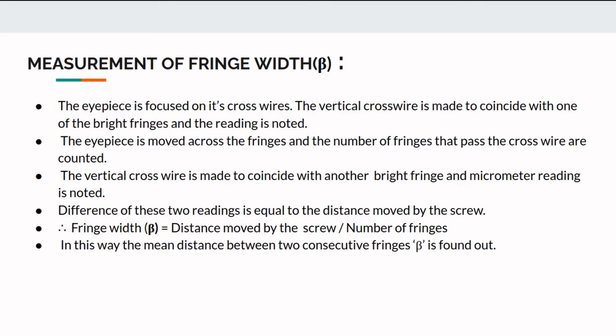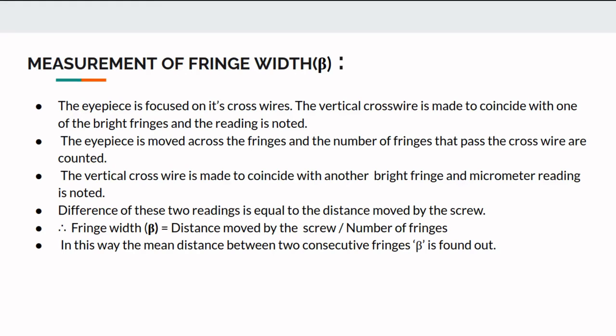First of all, the eyepiece is focused on its crosswires, and the vertical crosswire is made to coincide with one of the bright fringes. Then the reading is noted. Next, the eyepiece is moved across the fringes, and the number of fringes that pass the crosswire are counted.